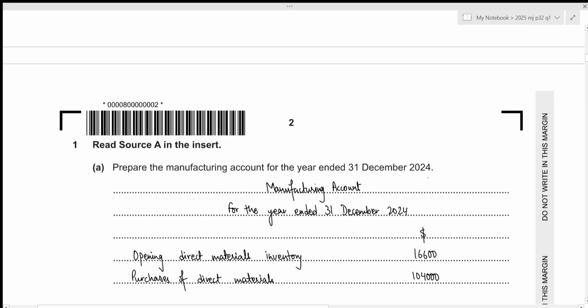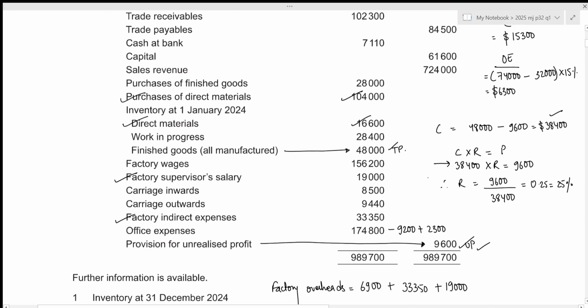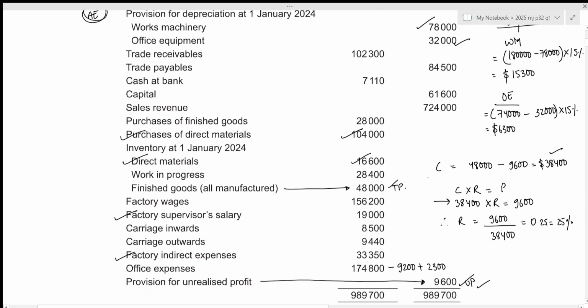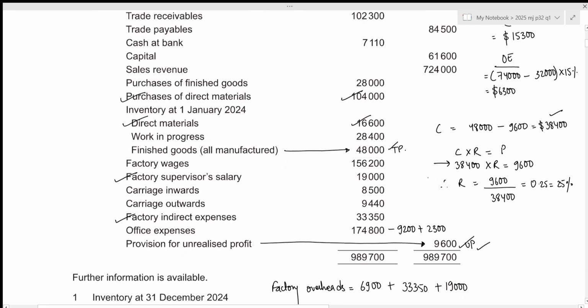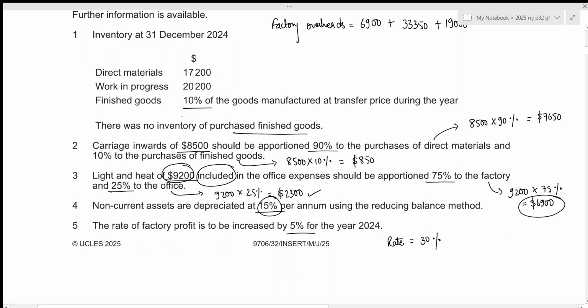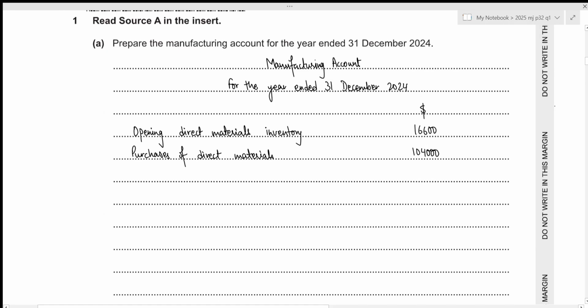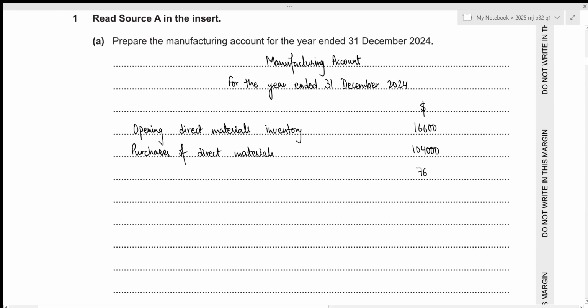Now we need to check for any purchases returns as well. Okay, we do not have any sort of purchases returns, but we do have the carriage inwards, where out of 8,500, 90% belong to the purchases of direct materials. So 7,650 will go in our manufacturing account, because this is the carriage inwards on direct materials.